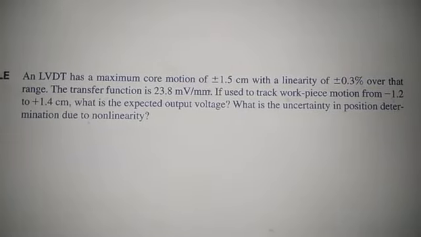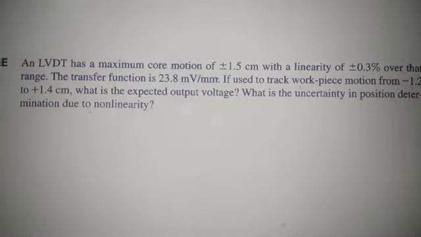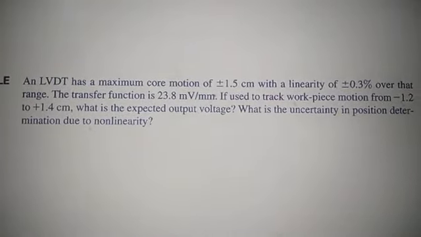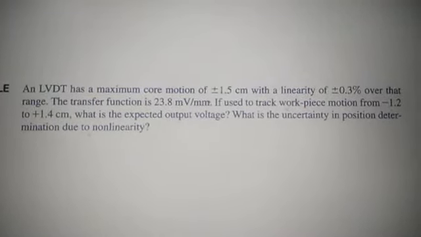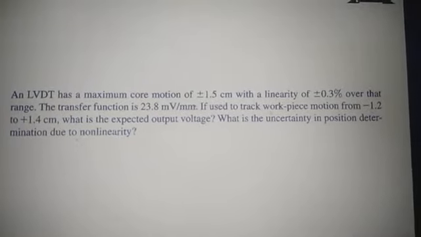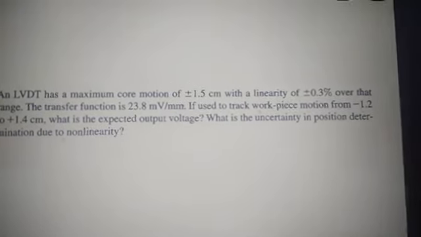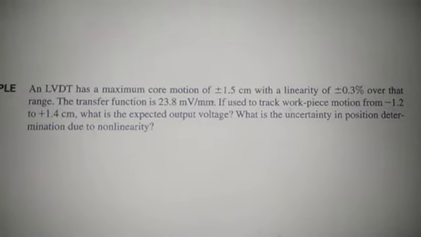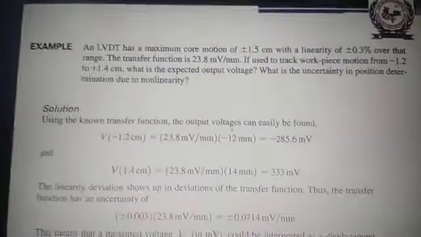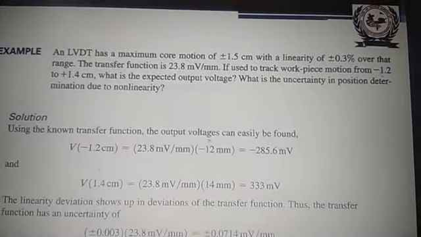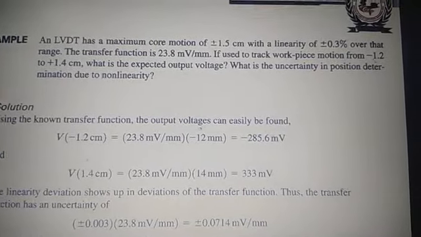If used to track workpiece motion from minus 1.2 to plus 1.4 centimeter, what is the expected output voltage, and what is the uncertainty in position determination due to non-linearity? This type of example you can do. This is another example on LVDT with a displacement motion.